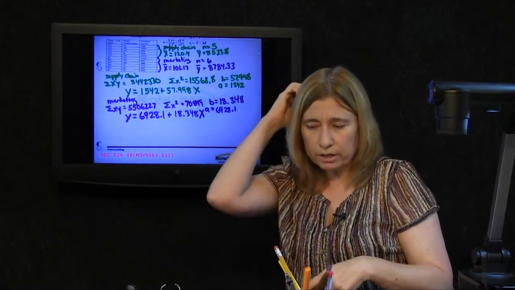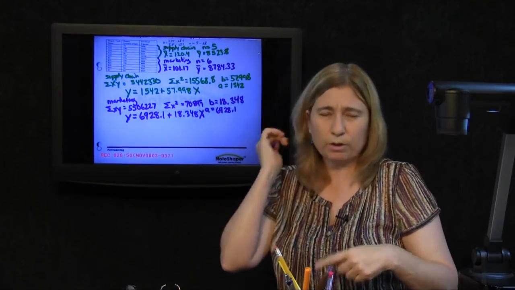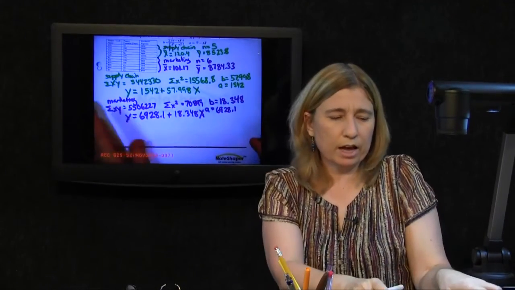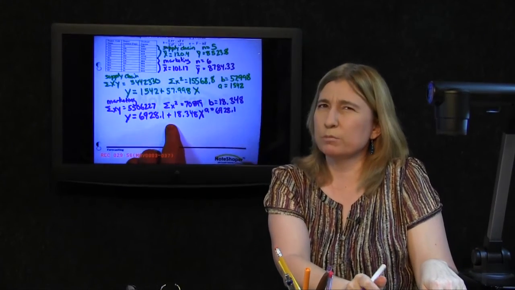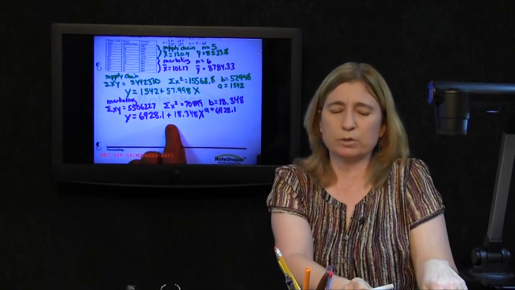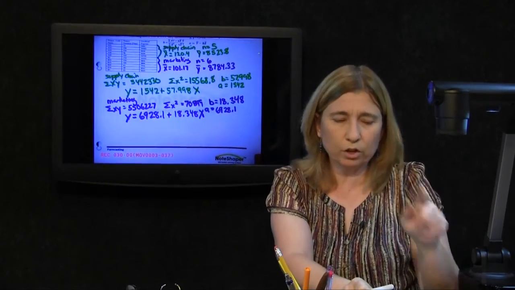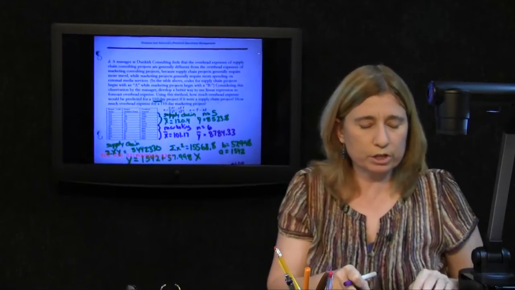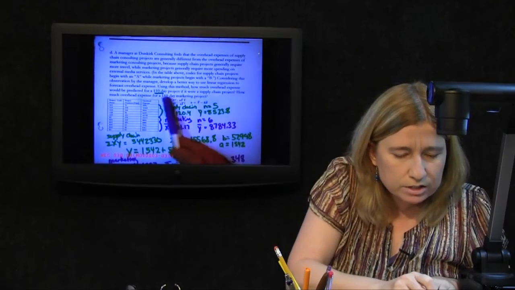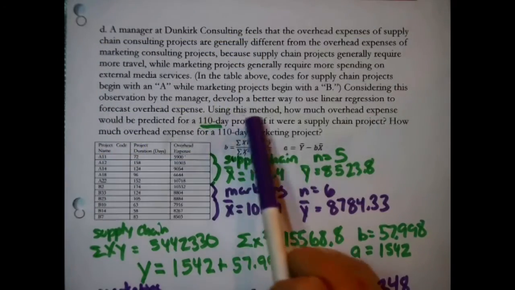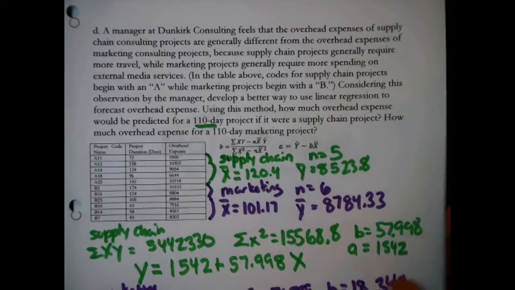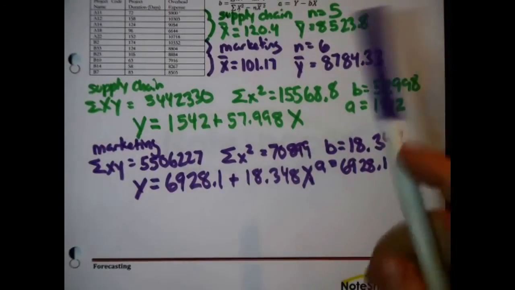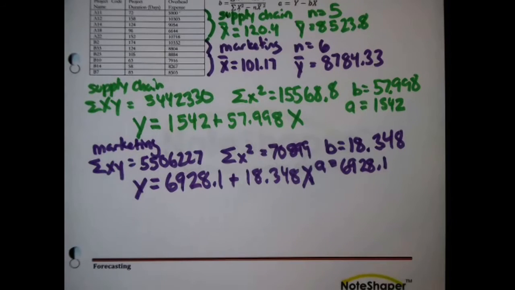Now, to finish out this particular problem, what is it that it actually asked? Well, here's our recommendation, based on an actually inadvisably small number of observations, but nonetheless, about how you could in general predict. It is also asking, using this method, how much overhead expense would be predicted for a 110-day project of each type. Right, so here we'll just use that.